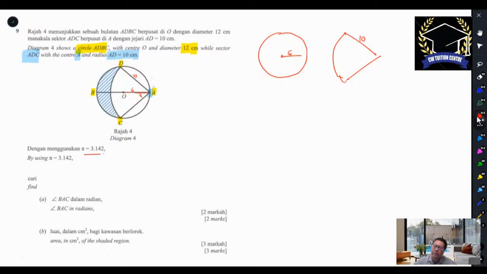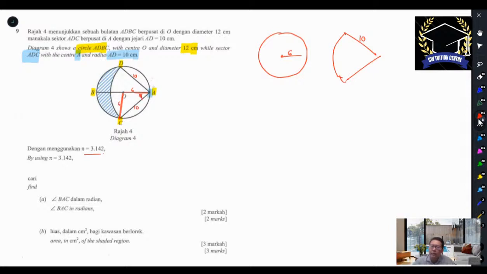This angle. Over here is 10, and over here is 6.